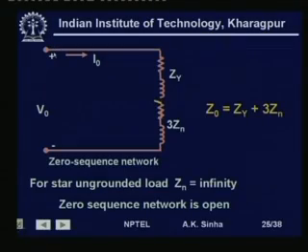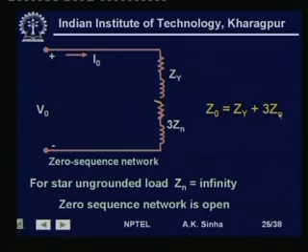So, if we see in terms of the network, then we have the 0 sequence network like this, which is Zy plus 3 Zn. V0 is the voltage applied to this and I0 is the current flowing in this. Now, in case of this network, we find that Z0 is equal to Zy plus 3 Zn.